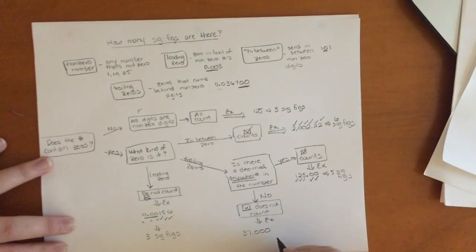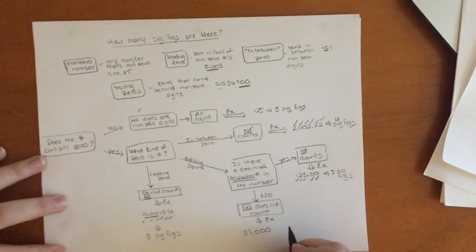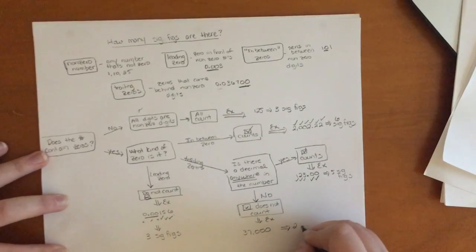That's a lot of zeros, but because there's no decimal, there's some ambiguity there. We don't know how far the precision is measured. We don't know if it's rounded up or down. So in this case, because there's no decimal, this would be 2 significant figures.